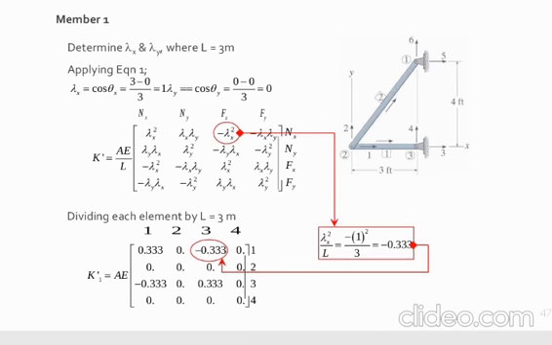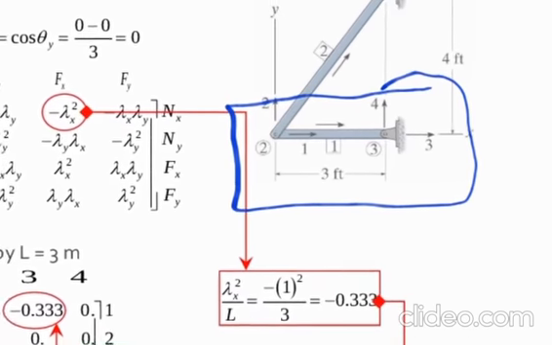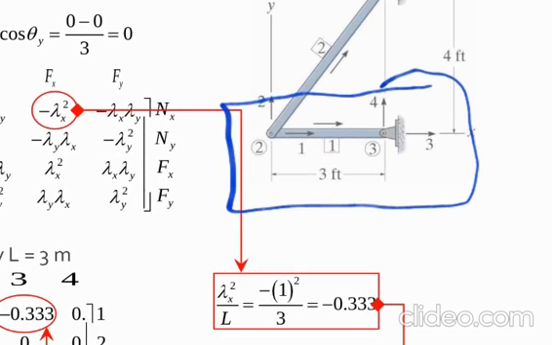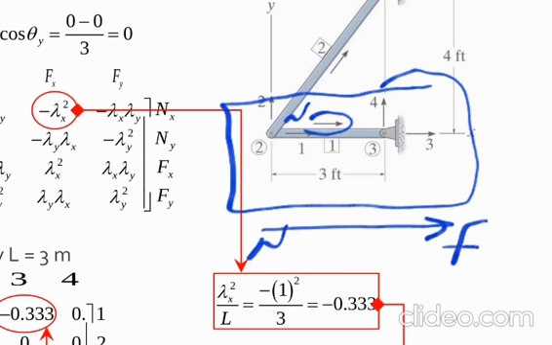Now I will calculate each member alone. I will start with number 1, and this is my member number 1. As I mentioned, with this direction, this is the near node and this is the far node.